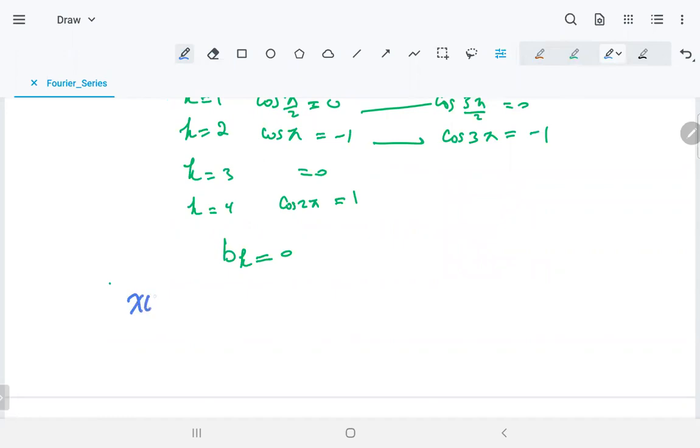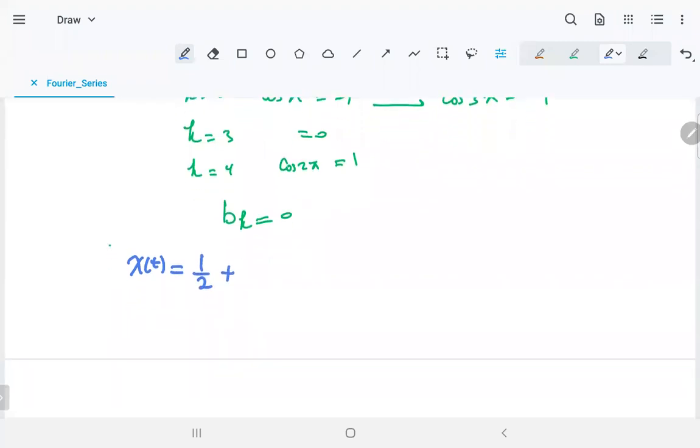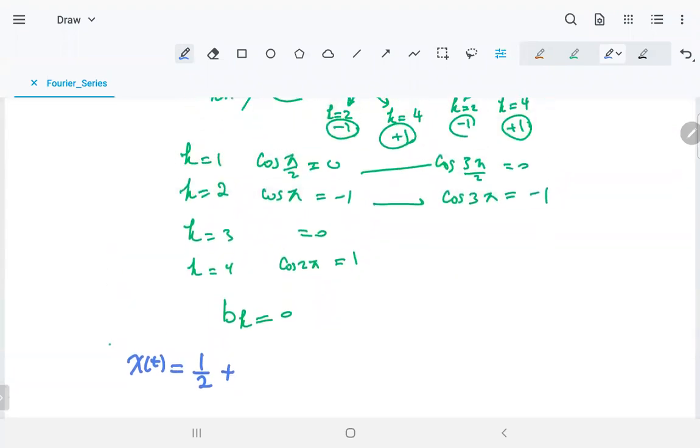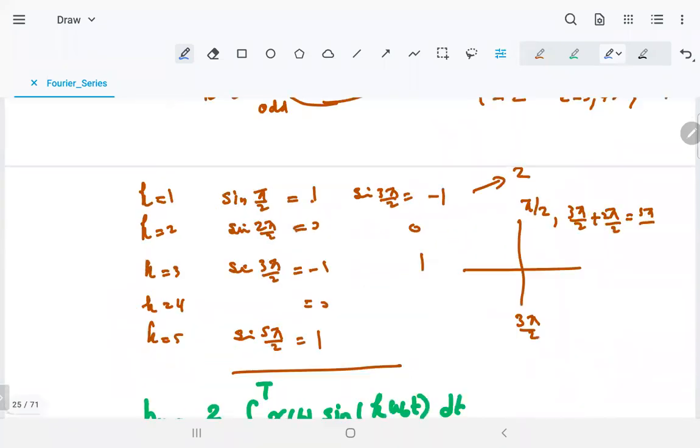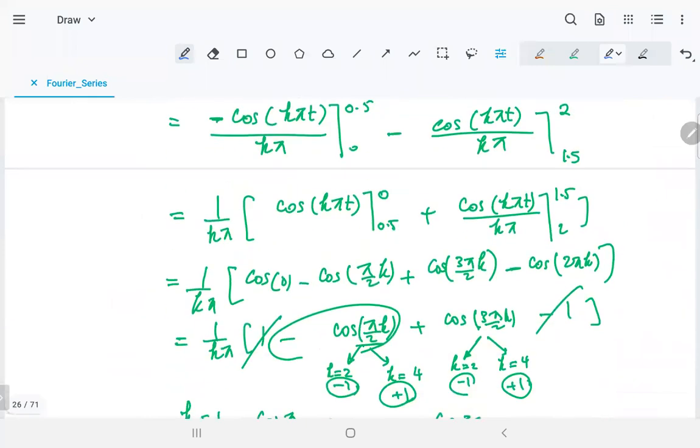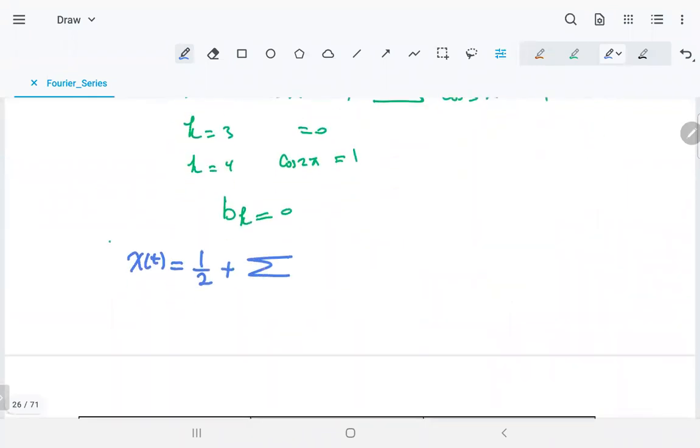So x of t, the square wave, will be equivalent to one half DC plus, let us just choose the first components, the summation from k equal 1 to infinity of ak cosine k omega naught t plus bk sine k omega naught t.